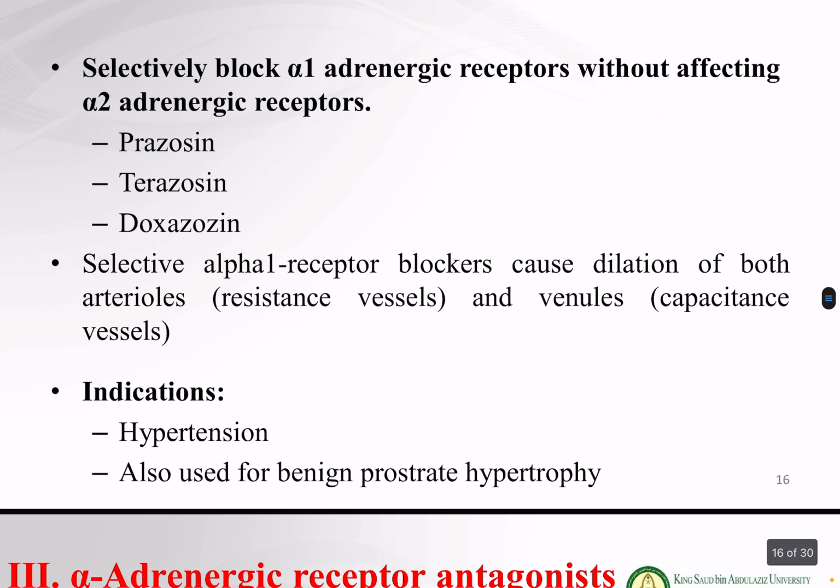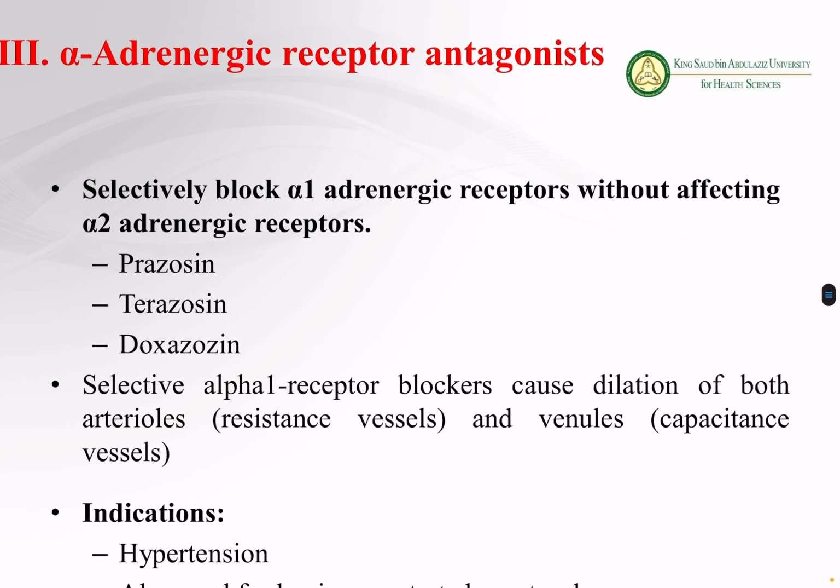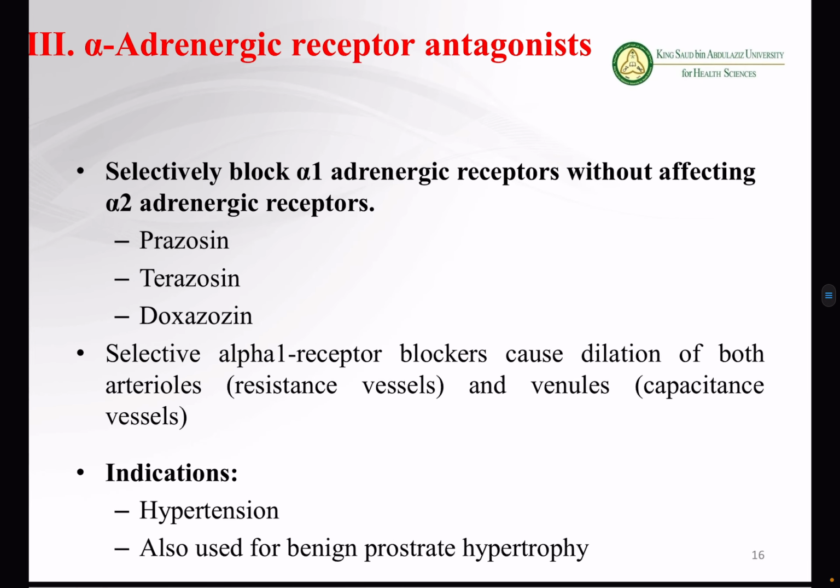I told you that the alpha blockers, basically they classify them as selective alpha 1 blockers and also selective alpha 2 blockers. So we have selective alpha 1 blockers, that is prazosin, terazosin and doxazosin. We give these drugs for hypertension, and we also give them for benign prostatic hypertrophy.